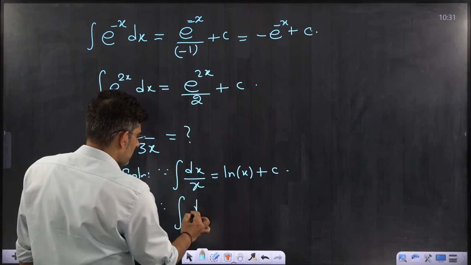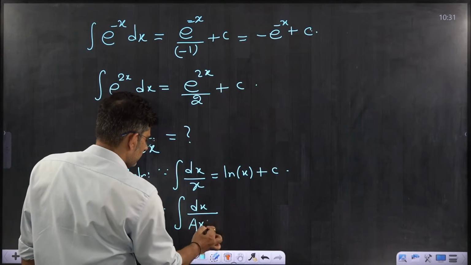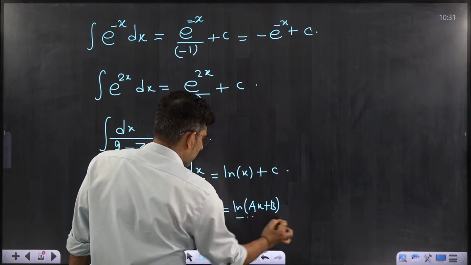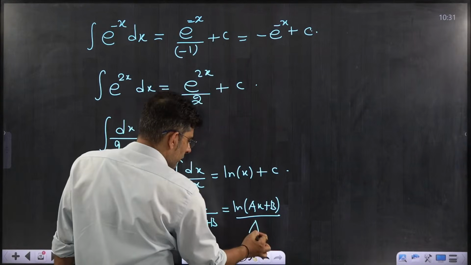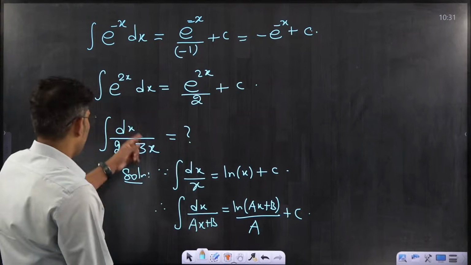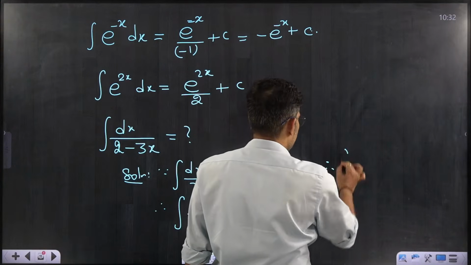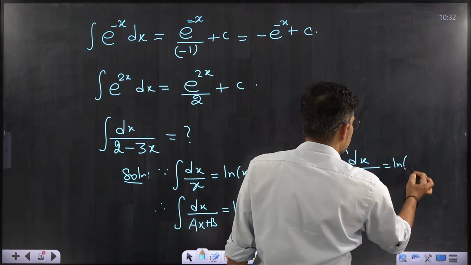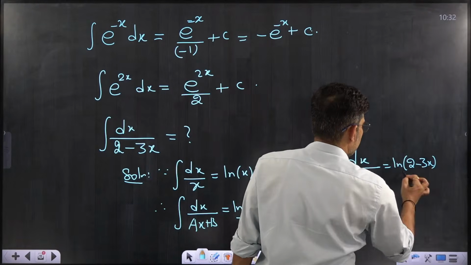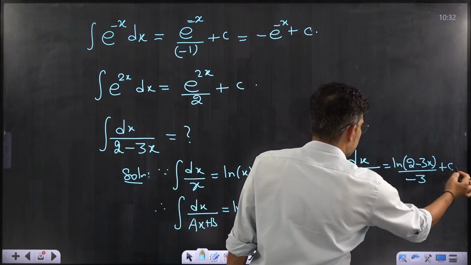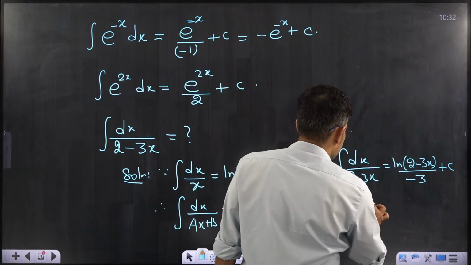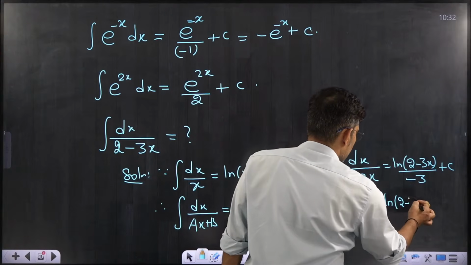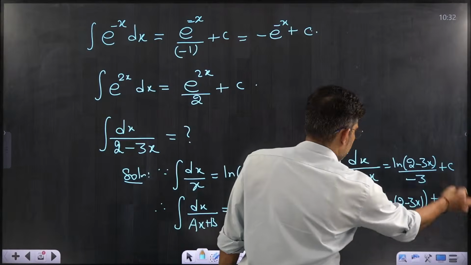So if you see the form ax plus b, you will again write natural log ax plus b. Whatever is multiplied to x, that coefficient you have to divide, plus c. So if we are asked dx by 2 minus 3x, you will write natural log 2 minus 3x divided by minus 3 plus c, which can then be written as minus 1 by 3 natural log 2 minus 3x plus c.